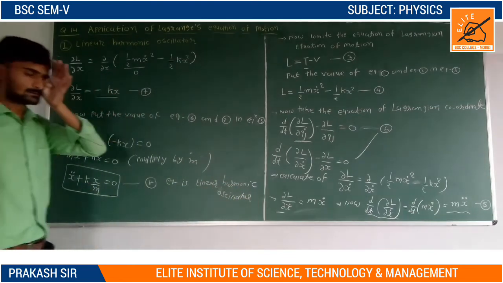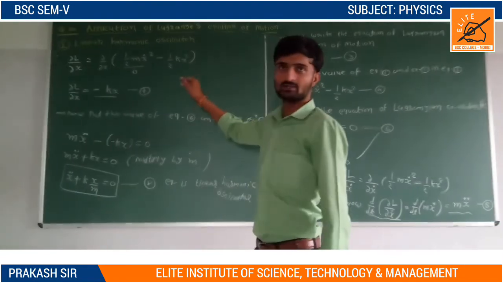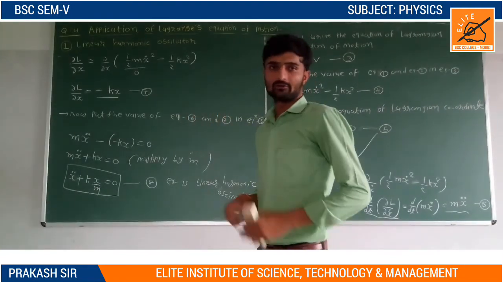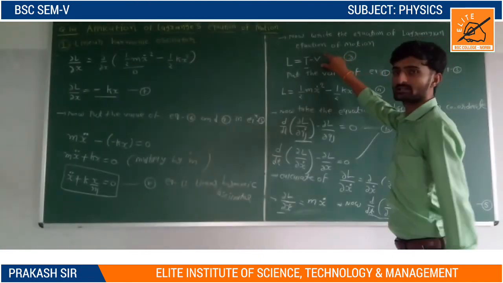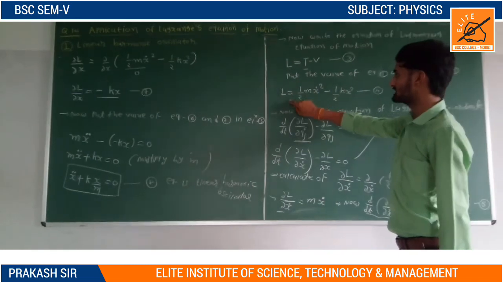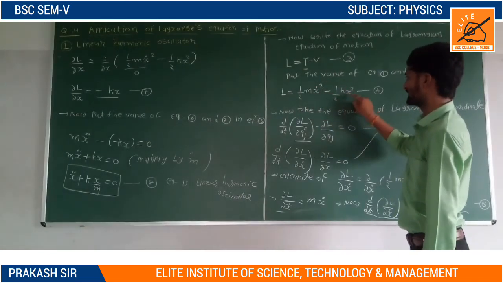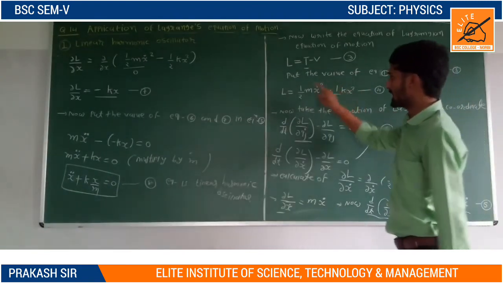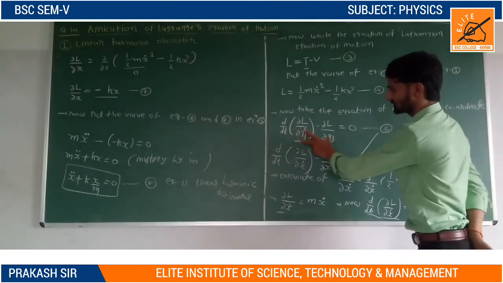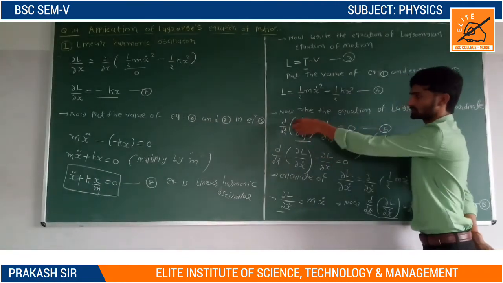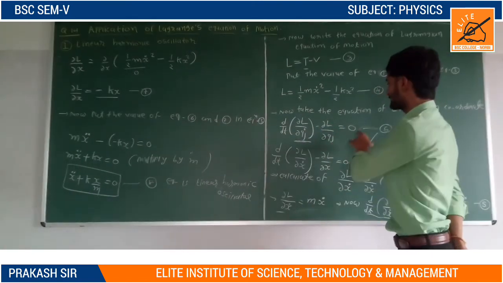Now we apply this to the system. First find the kinetic energy T equal to 1 by 2 m x dot square and V is 1 by 2 kx square. Put these values of T and V in the Lagrangian equation of motion. So the Lagrangian is 1 by 2 m x dot square minus 1 by 2 kx square. Now the Lagrangian equation is d by dt del L upon del q dot minus del L upon del q equal to 0.